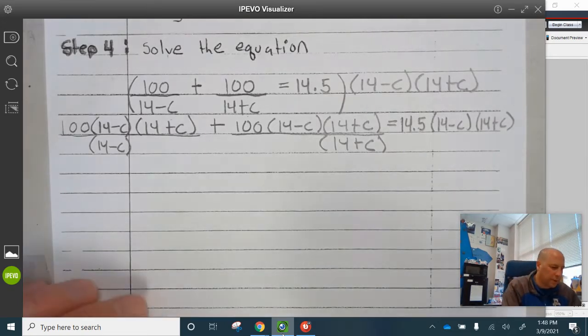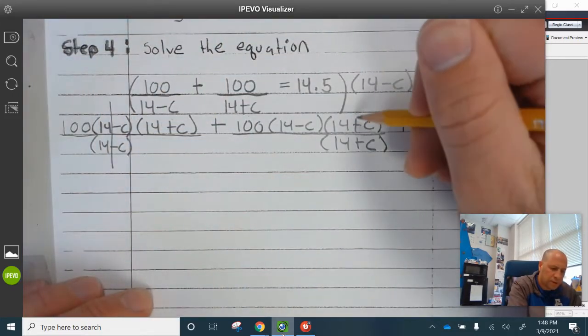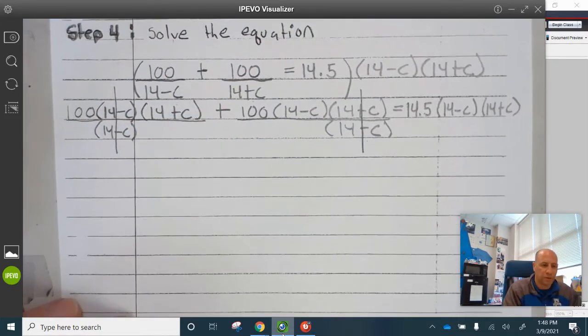Now, anything divided by itself is 1. So this is 1, this is 1. So now we multiply it.